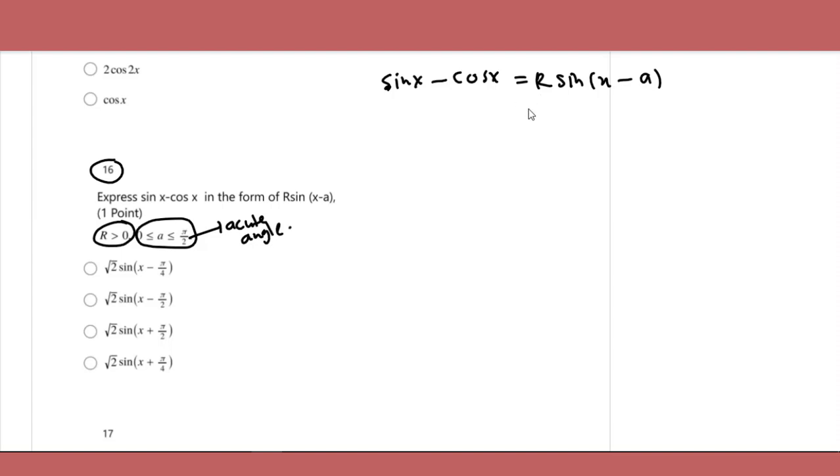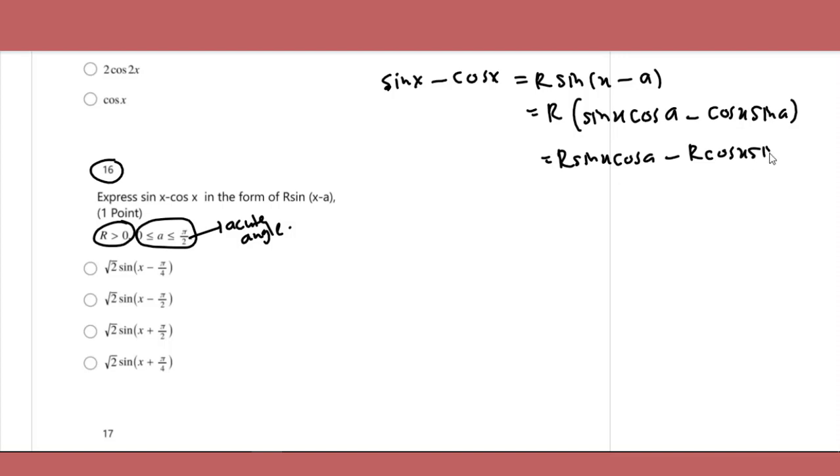Now expand the right hand side using the compound angle formula: r sin x cos a minus r cos x sin a.